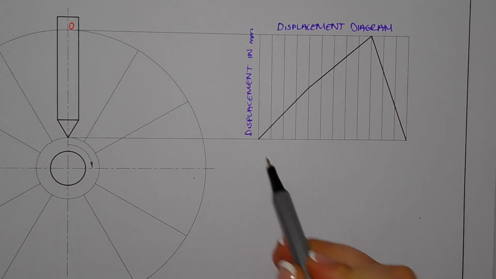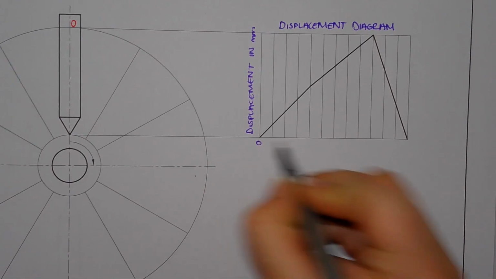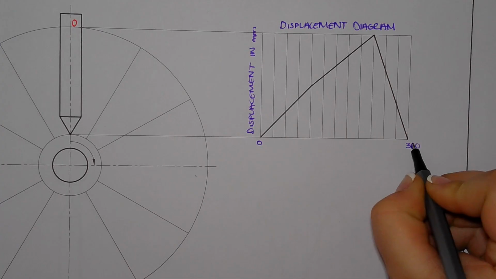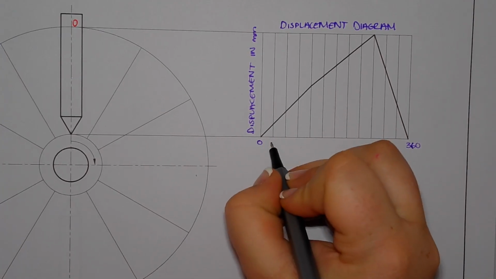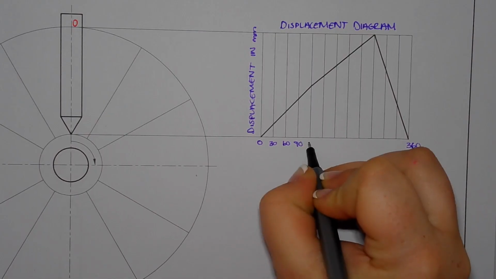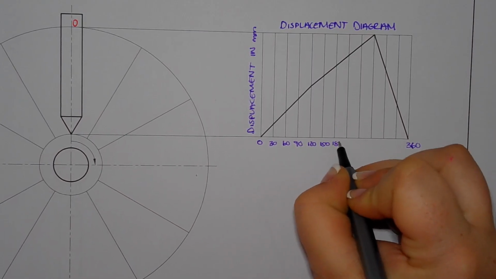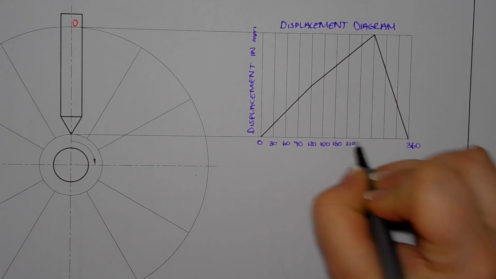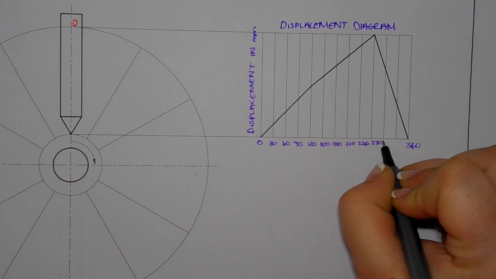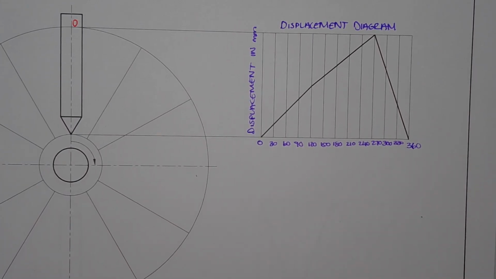We need to number each one of these lines. We're going to start at 0 and end at 360, counting in 30s. So it's 0, 30, 60, 90, 120, 150, 180, 210, 240, 270, 300, 330, 360.